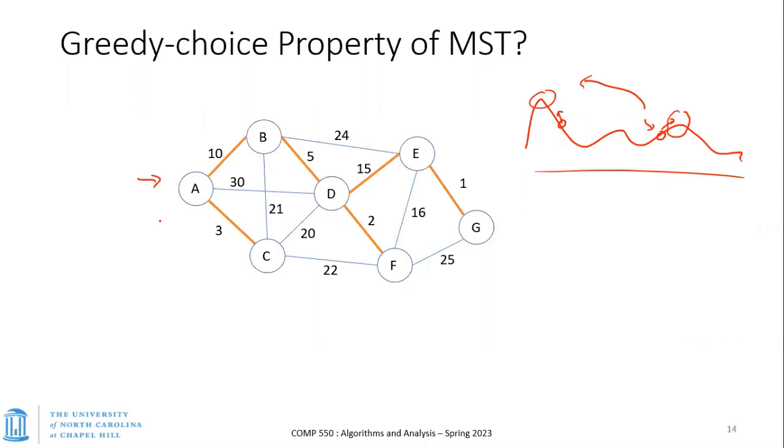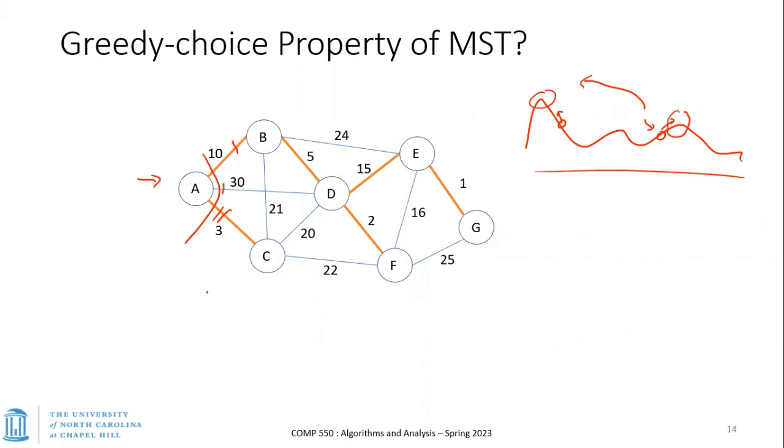The least cost edge. So you looked at all the edges of A, all the adjacencies, and you said, which one is the least cost? Let's start off with that. You initially said, let's connect A and C because of these three edges, this was the least cost. So compare 10 and 30 and 3.